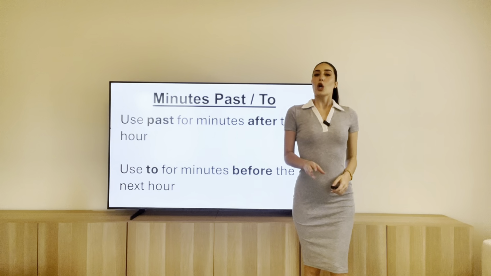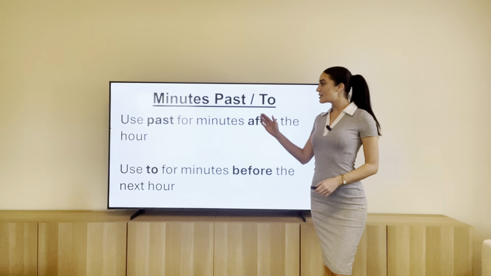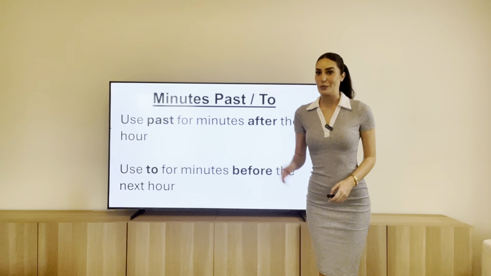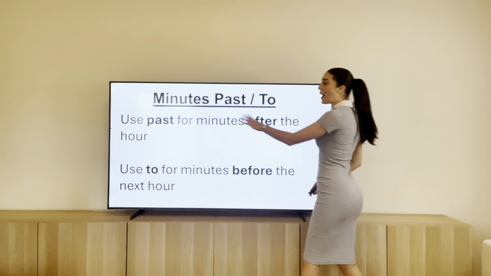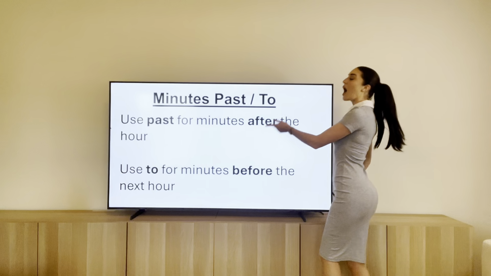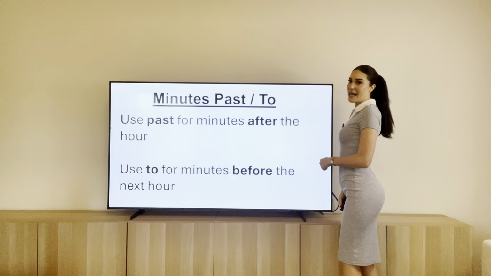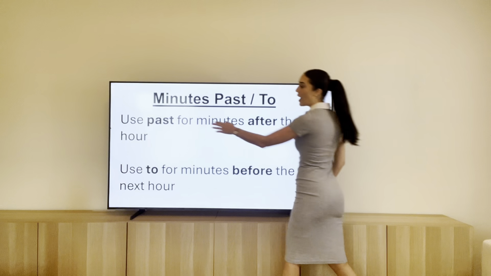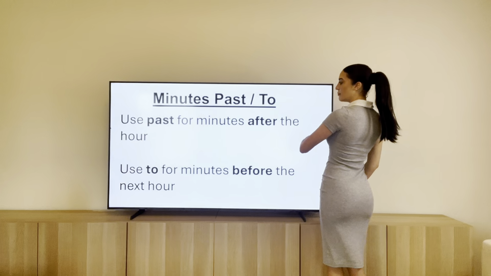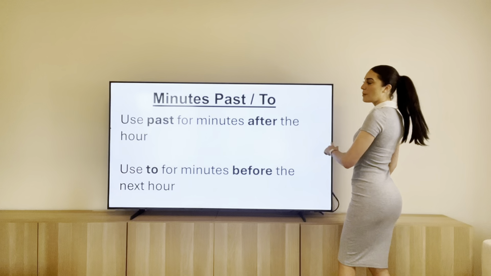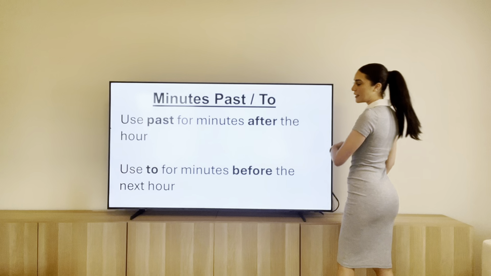All right, now let's talk about minutes past and minutes to. So we use past for minutes after the hour. So past means it's after the hour. Minutes have gone past the hour.